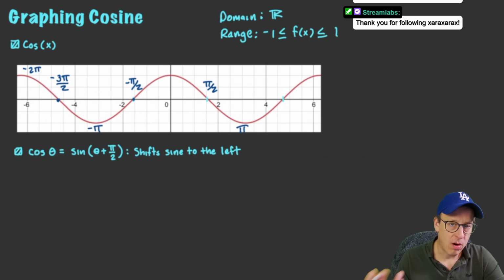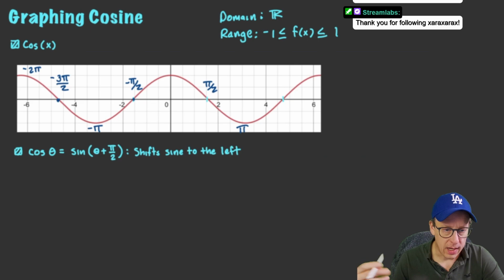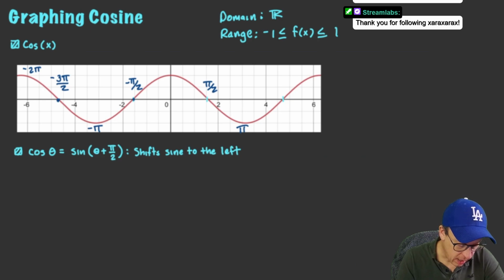And again, our amplitude is also going to be equal to 1. And there are no asymptotes. And basically, the cosine is equal to this right here. And this is just going to shift our values over to the left.